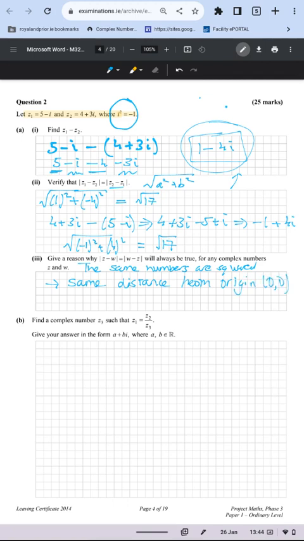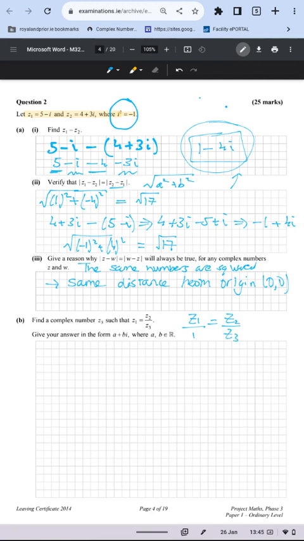Next one, find a complex number Z3, such that Z1 is equal to Z2 over Z3. Now, there's a wee bit of work in this. So the first thing here is you must get Z1 on its own. So I'd manipulate it first of all. So at the minute I've got Z1 over 1. Anything that's not a fraction I'm going to put over 1, is equal to Z2 over Z3.